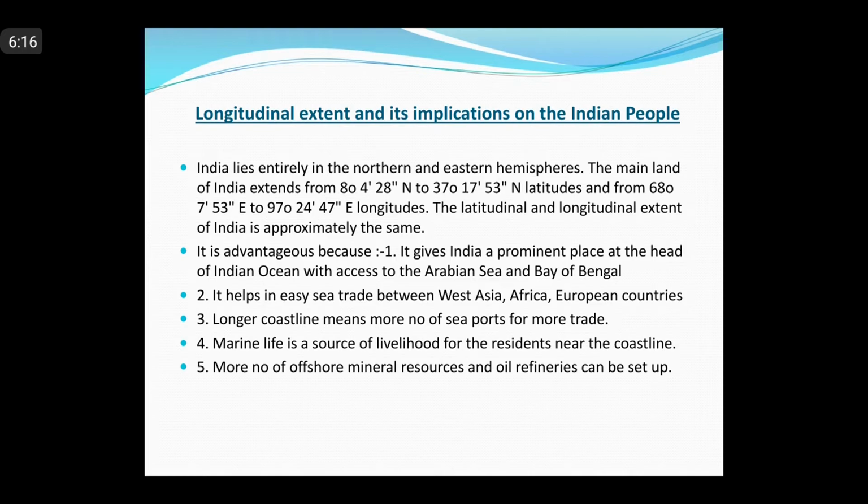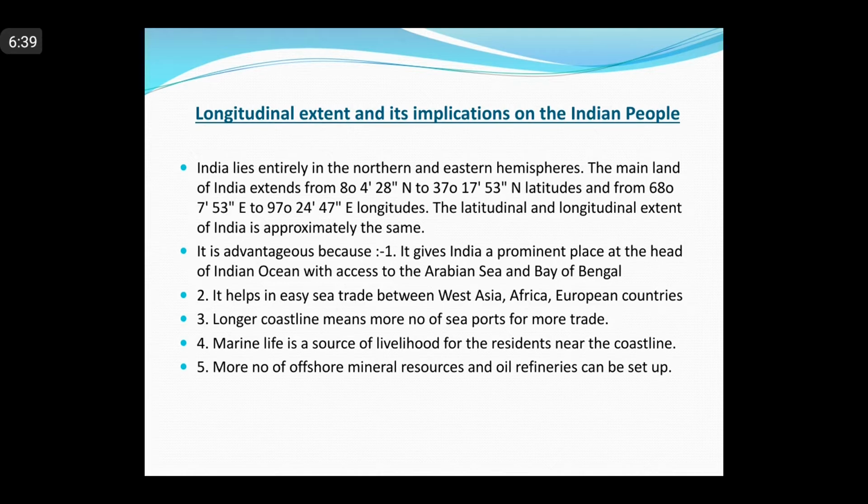Longer coastlines mean more seaports for more trade. If you have more and more seaports, then definitely a country should have more trade, right? That's why India's trade relations with the other countries of the world are very strong.